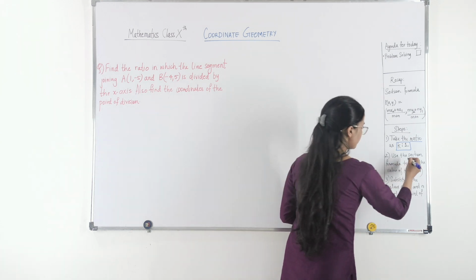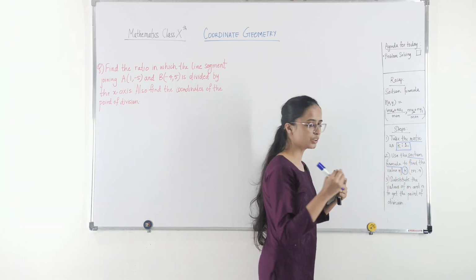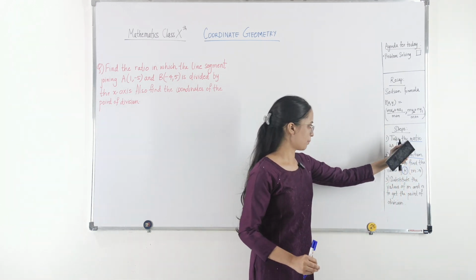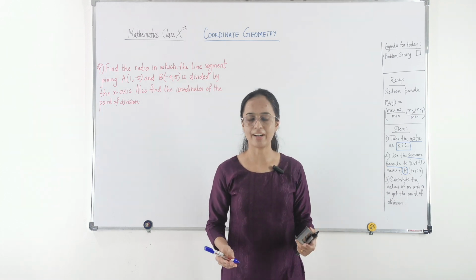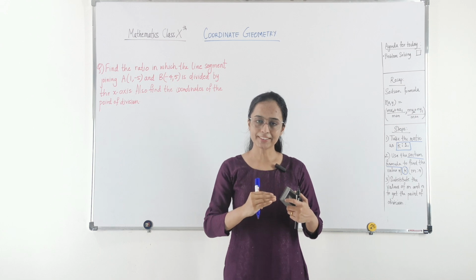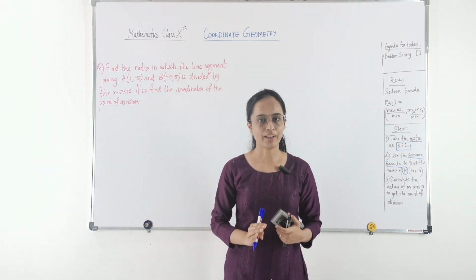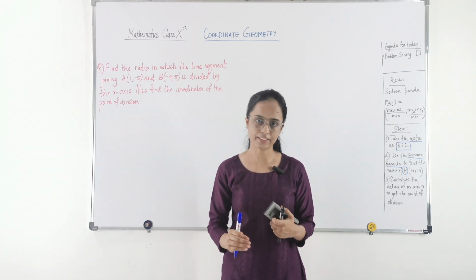Then you have to use the section formula, of course, and you get the value of k. Once you get the value of k, you have to substitute it over here and you would get the value of the ratio, that is m is to n. So this is your part 1 of this question where you would be getting the value for the ratio in which the line gets divided.